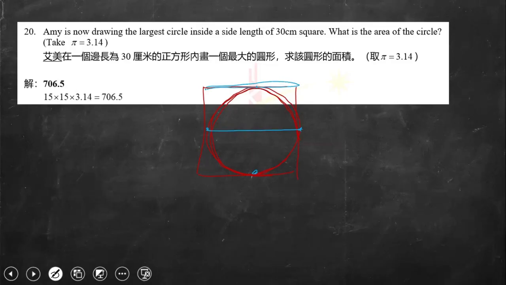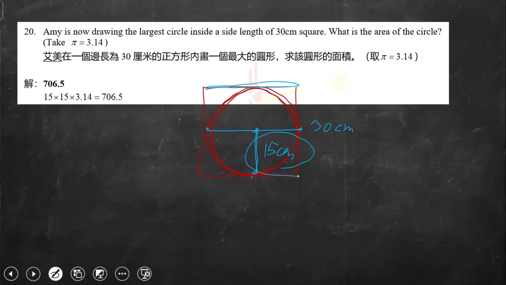Since the square has a side length of 30 centimeters, that's also the measure of the diameter, and so the radius is half of that, so 15 cm.